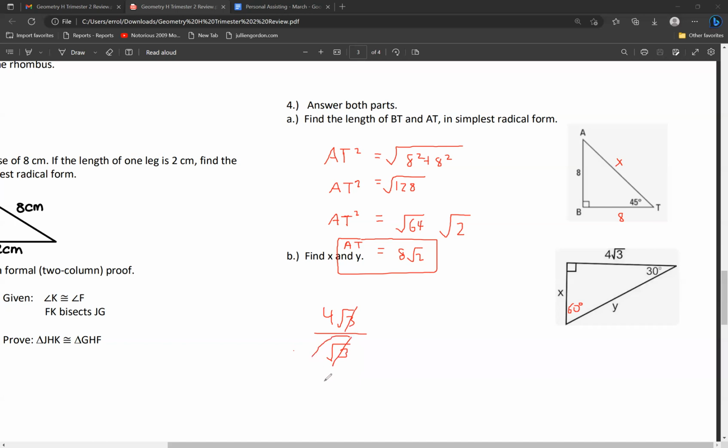But my question is, how do we know to write that? Because the 4 radical 3 is over radical 3. Your teacher taught you to do it like that? That's what I remember. All right, that's fine. So x equals 4 is what you're saying, right? Yeah. All right, so what about the y?